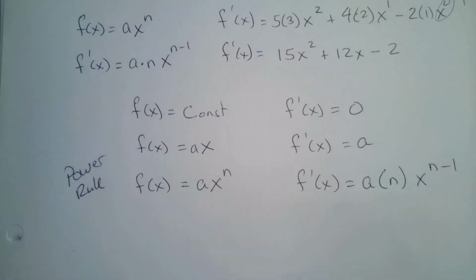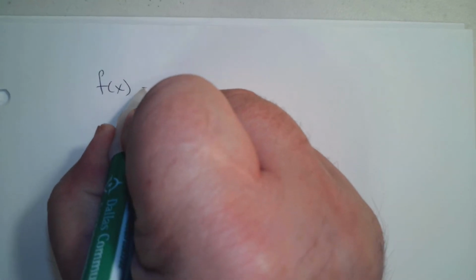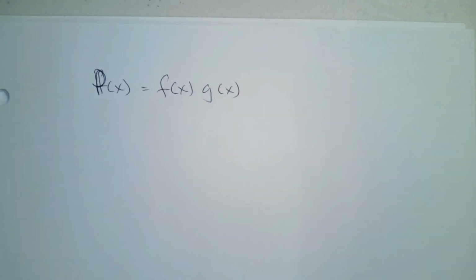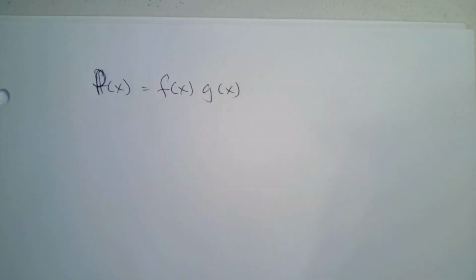Right. So now we have some other rules. What if you had a polynomial function of f of x times g of x? This p of x equals f of x times g of x.